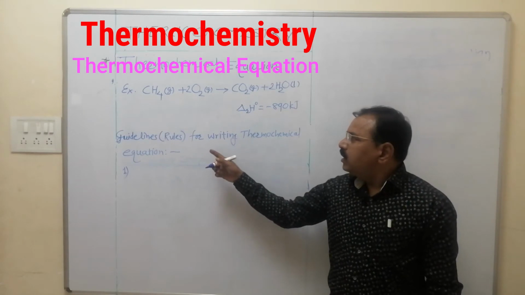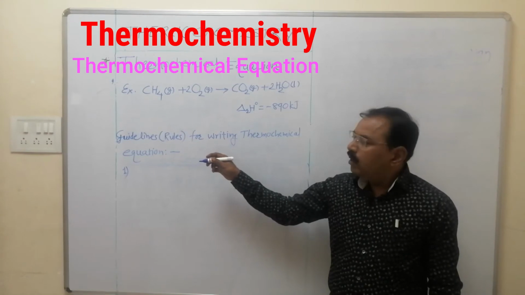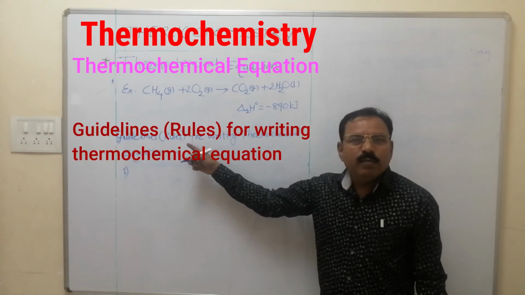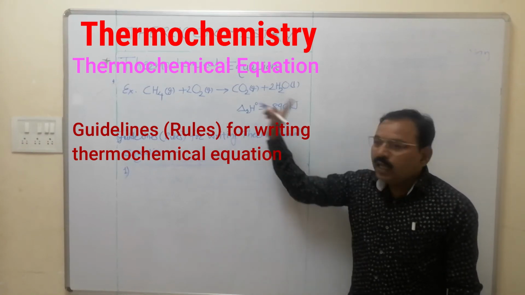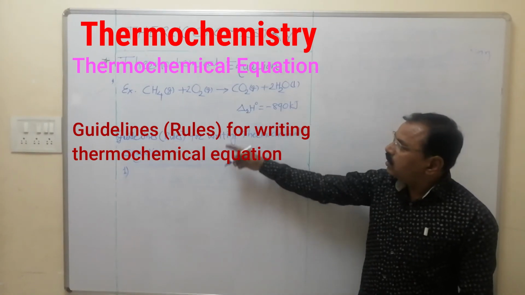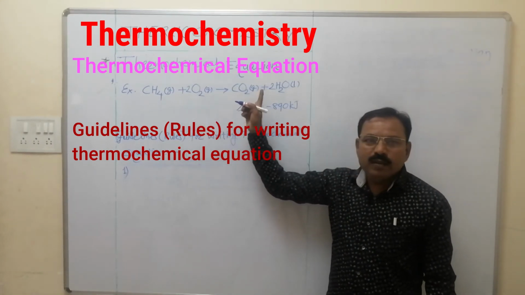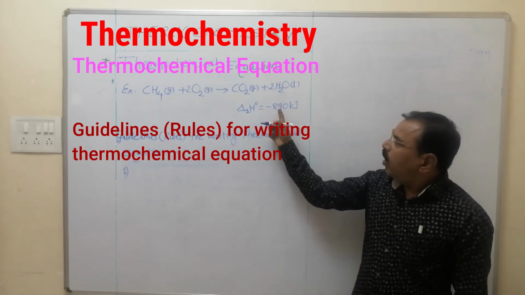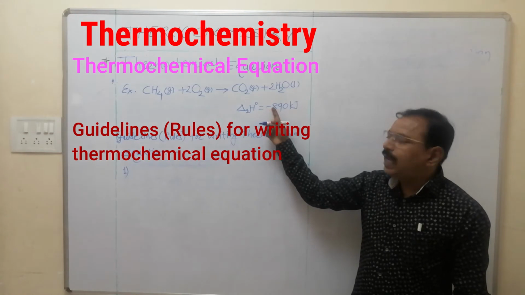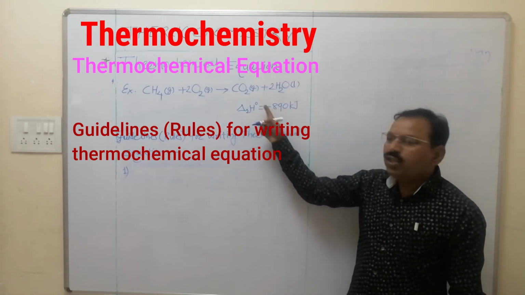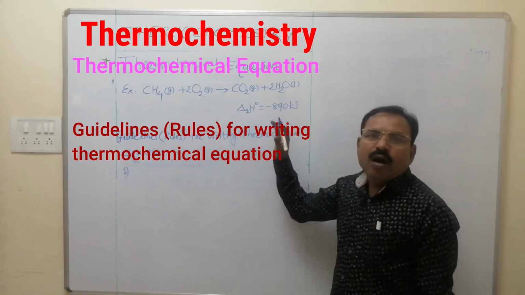Now the guidelines for writing thermochemical equation. These guidelines may also be called rules for writing thermochemical equation. There are few rules, we can see one by one. First rule, equation must be in balanced form. Second rule, value and sign of enthalpy change, that is delta r H 0, is given on the right hand side of the equation.